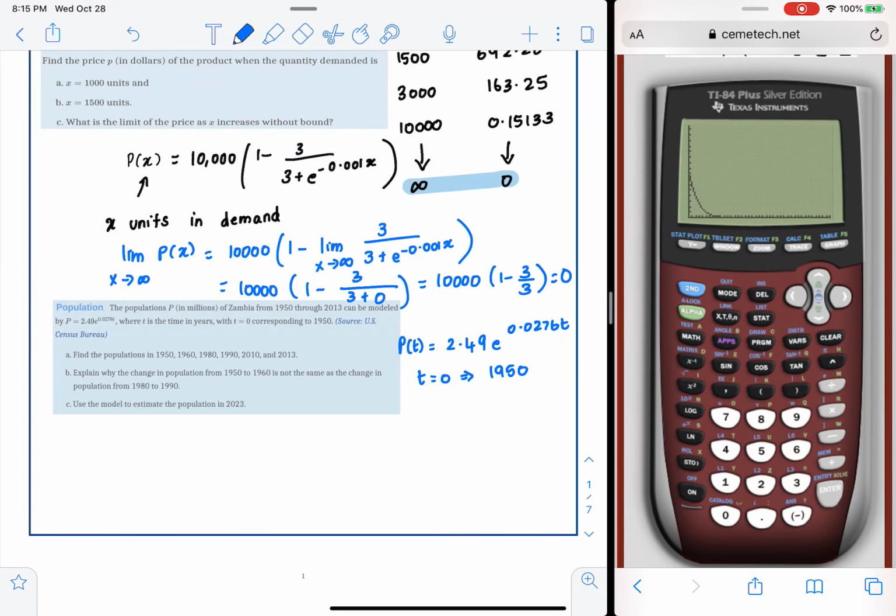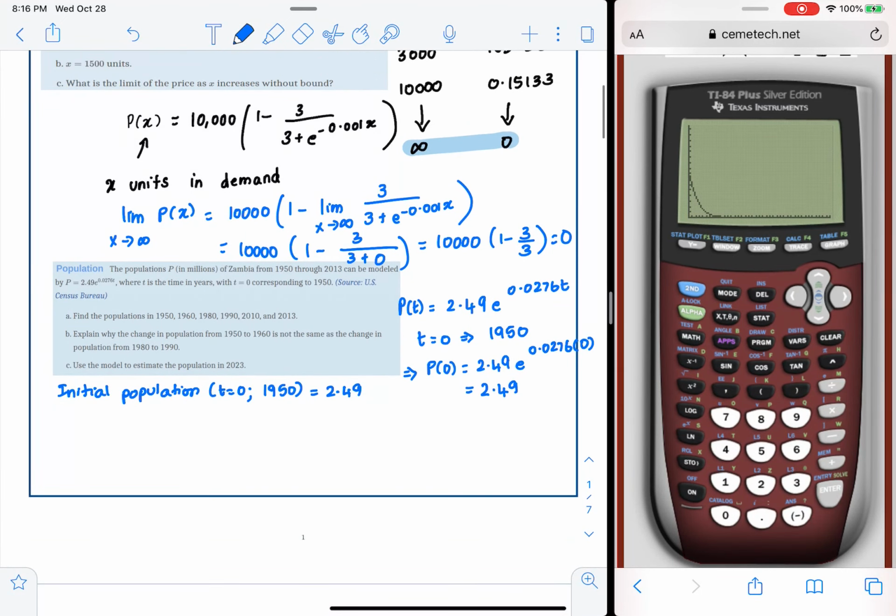So if time t is equal to 0, we would have p of 0, that is 2.49 e raised 0.0276 multiplied by 0. Any number raised to the power of 0 is 1, so we have 2.49. So the initial population, t equals 0 would be the year 1950, and we would have 2.49 million.